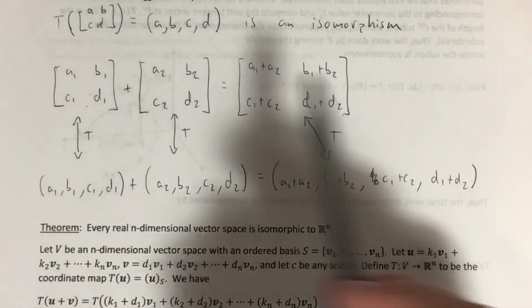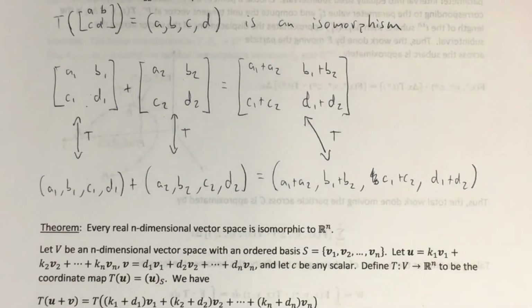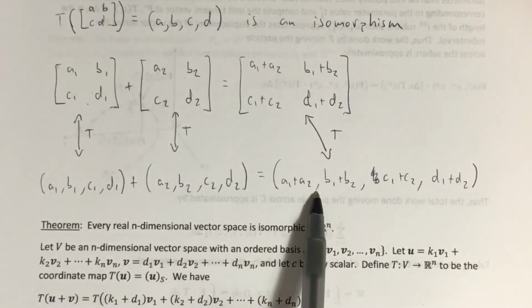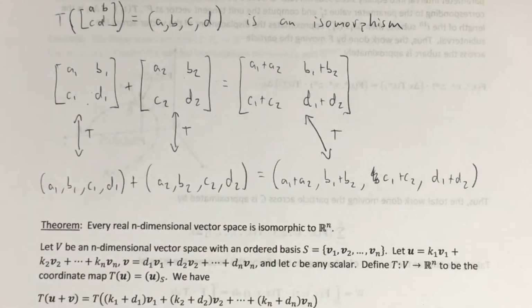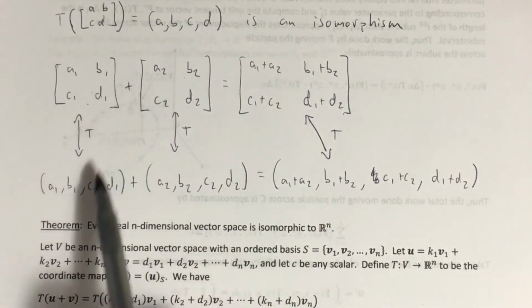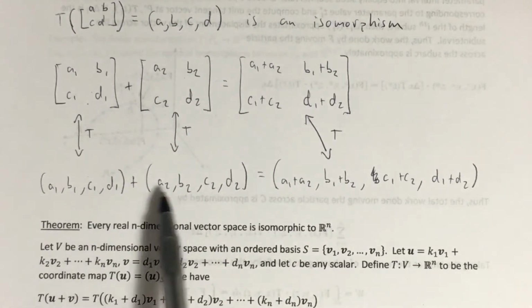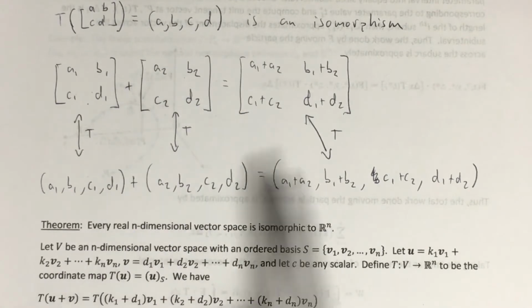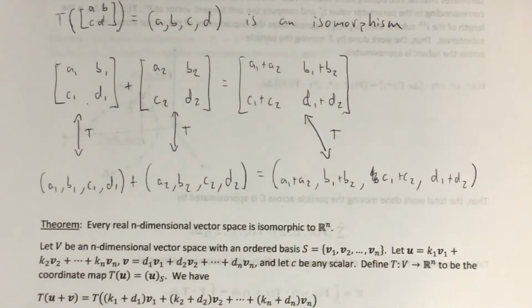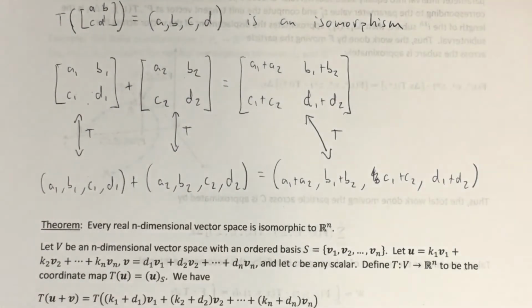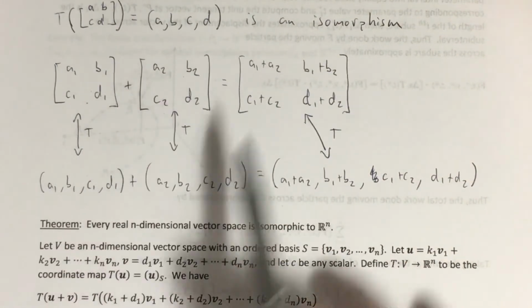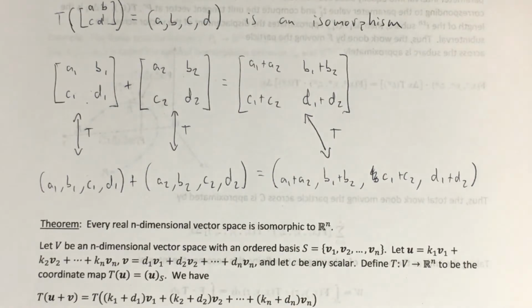So I could do a similar argument with scalar multiplication as well, but what this is showing is that even though these things appear different than these, as far as the operations that we define on vector spaces are concerned, all of these are really just representatives of vectors in R4. So I can think of anything here as a vector in R4, and there's no loss of information by doing that. Okay, so that's what an isomorphism is. It's showing that these two vector spaces, which seem very different, are in a sense really the same thing. We're talking about the same thing.